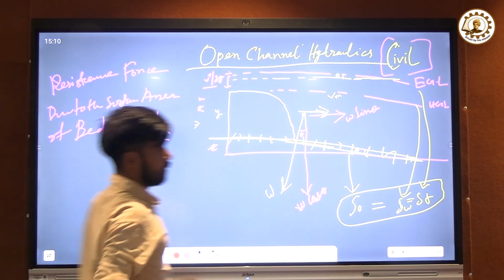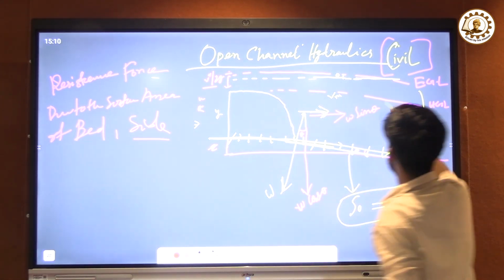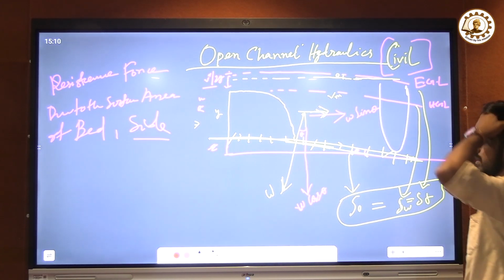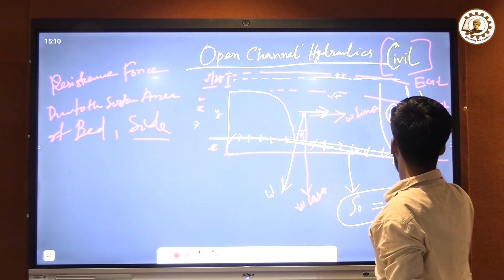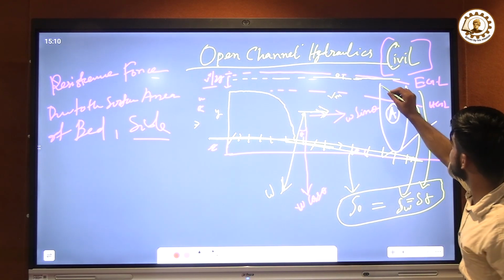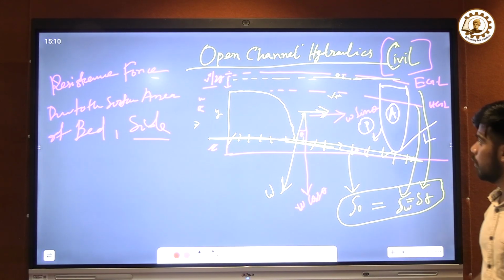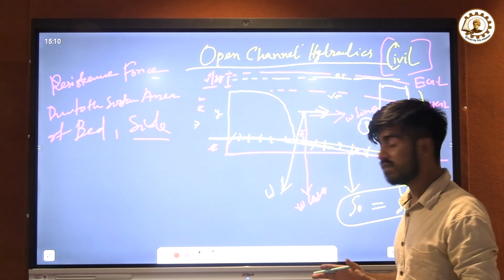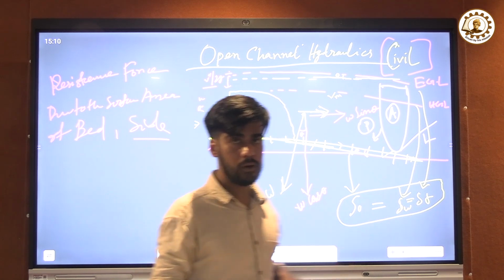Now, try to understand a simple thing. Imagine this is the cross section of the flow, the river or the channel. This is the cross-sectional area and it has a certain channel length, and we can think of the wetted perimeter. Now, which area gives the restriction or resistance to the mean flow?